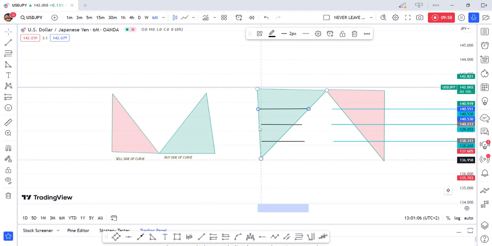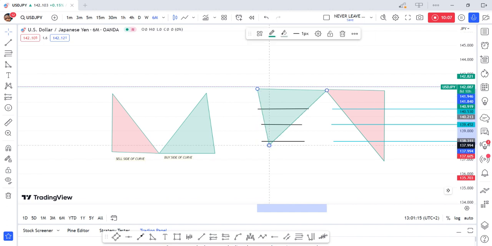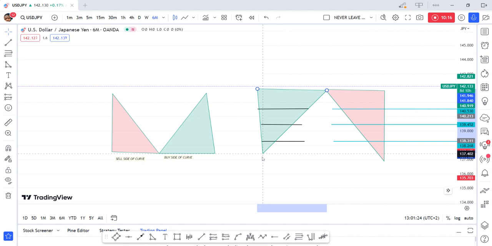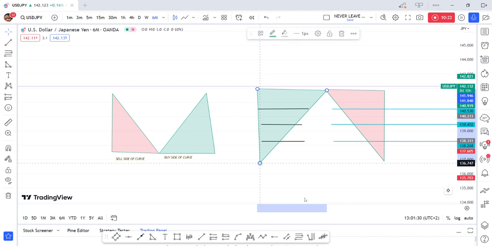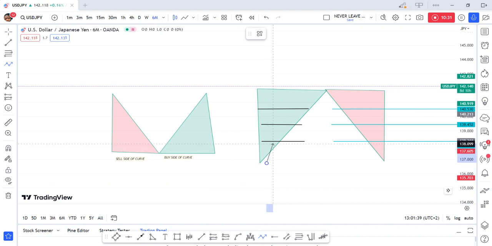What this means is that if the trend is going up, just like this, once the market breaks, it will have to come back here.